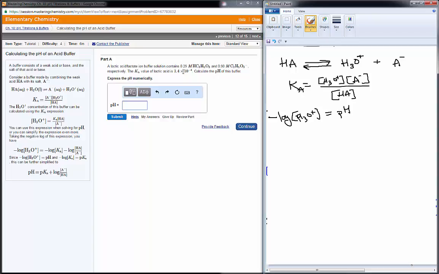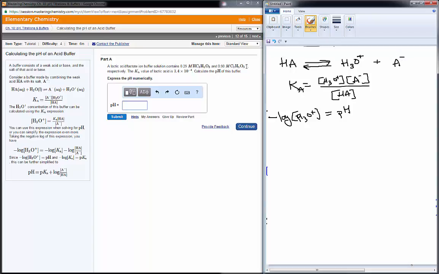Okay, so if I've got a buffer and they know what the Ka is, and I know how much of this I've got and how much of that I've got, then I can just plug it all in. Now you have to be able to recognize what is A minus and what's HA, or in other words, what is my acid and what is my conjugate base.